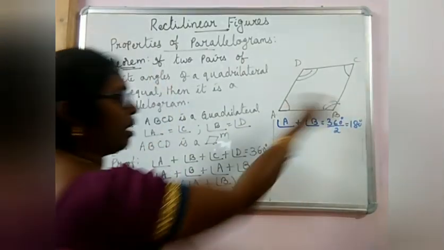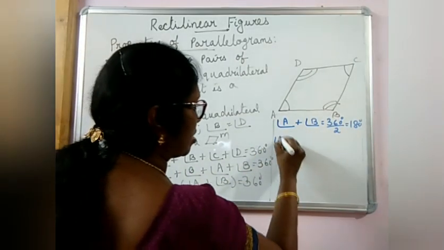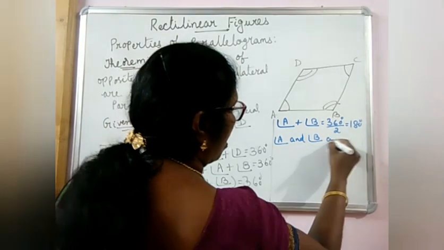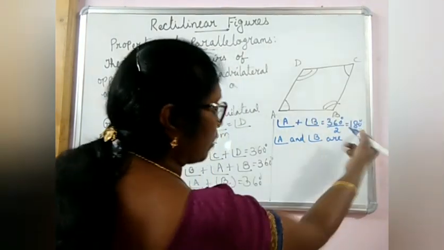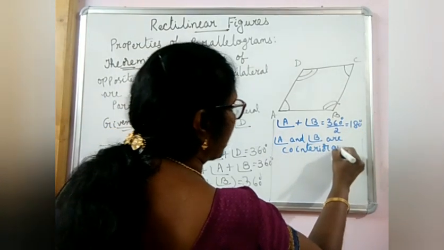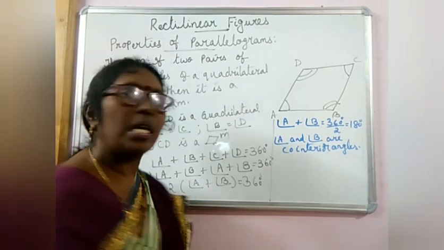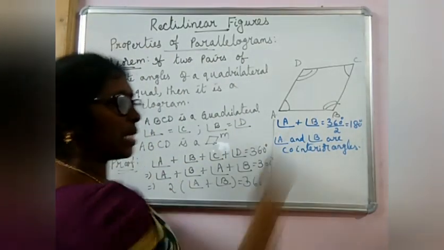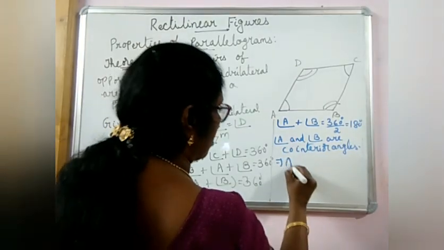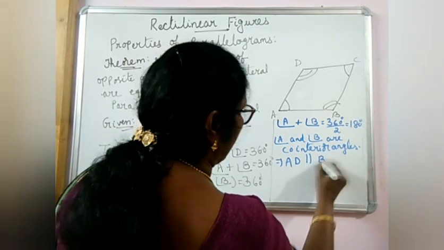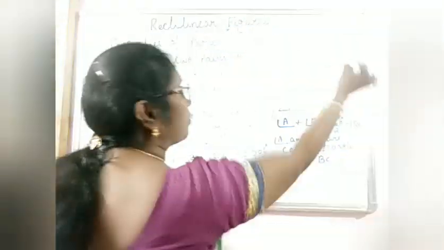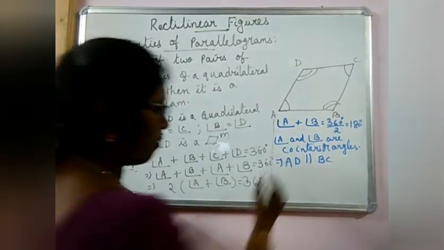Angle A and angle B are co-interior angles, are supplementary 180 degree. If a pair of co-interior angles are supplementary, that means if the sum is 180 degree, then they are parallel. That implies AD is parallel to BC.